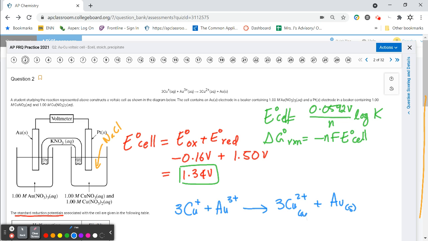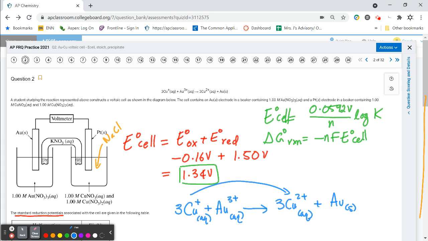All of the other ones are aqueous. You have 3 copper 1 ions being oxidized into copper 2. So copper 1 is losing electrons and becoming copper 2. Gold is taking the electrons lost from that copper and becoming solid gold. So gold is being reduced, copper 1 is being oxidized.